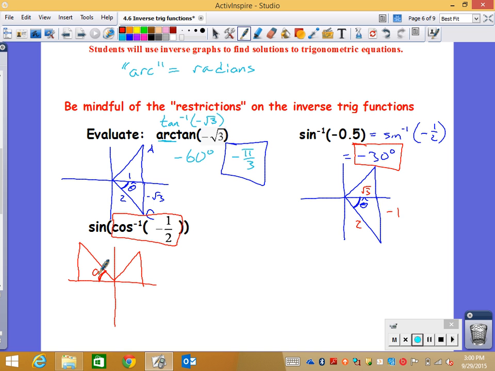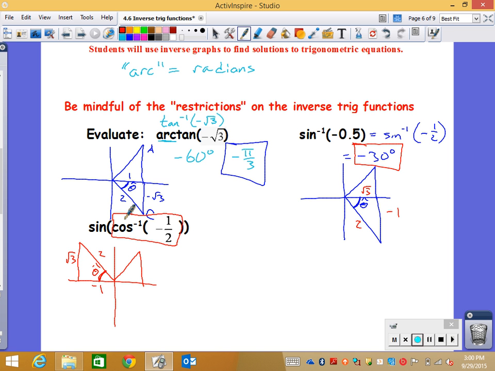Now this is my reference angle, theta hat again. Because it's an inverse cosine of negative 1/2, cosine is adjacent over hypotenuse. I have an adjacent of negative 1, hypotenuse of 2, which makes it root 3 on the y.